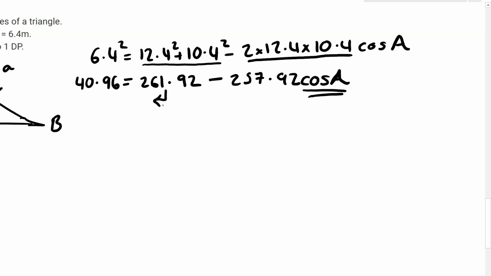So we get 40.96 take away 261.92 gives us negative 220.96. That is equal to negative 257.92 cos A.